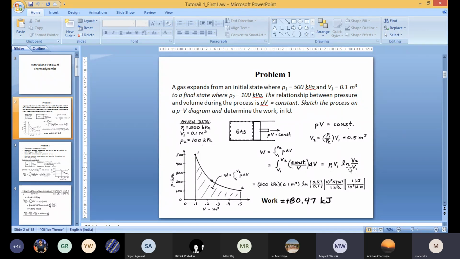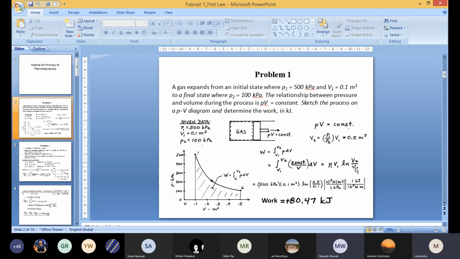We have done this in our previous class slides. Once you integrate it, you will get the formula W equal to P1 V1 log V2 by V1.